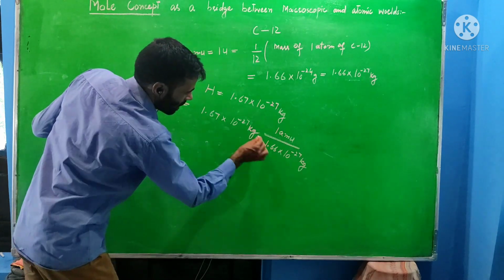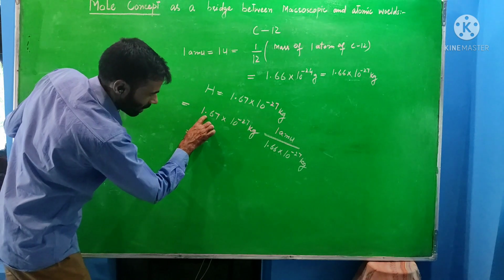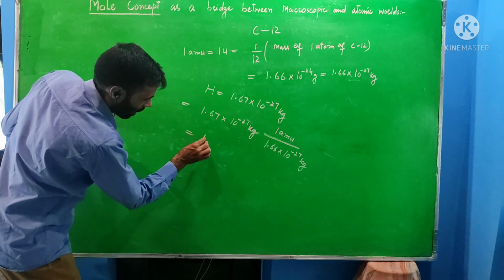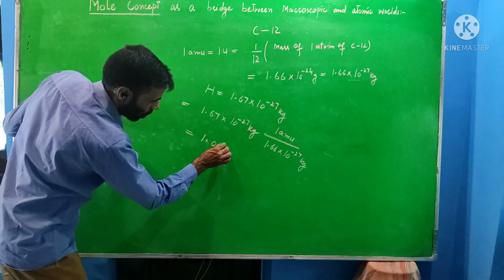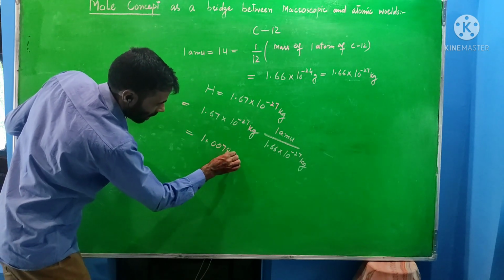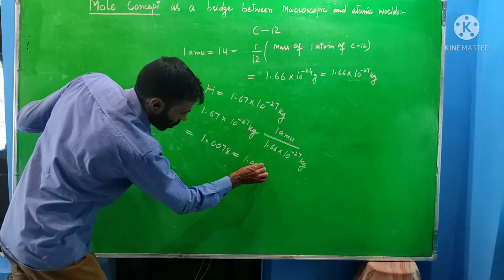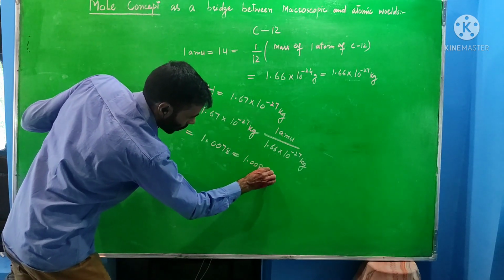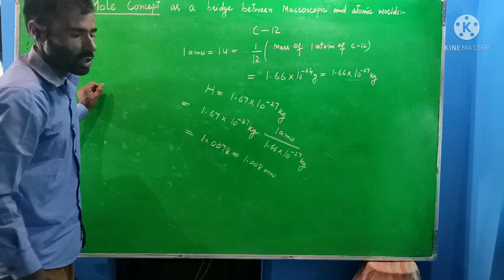After that, this kg and kg will cancel with each other. Then dividing this term by this term, the value is 1.0078, or approximately 1.008 AMU. This is the atomic mass of hydrogen atom.